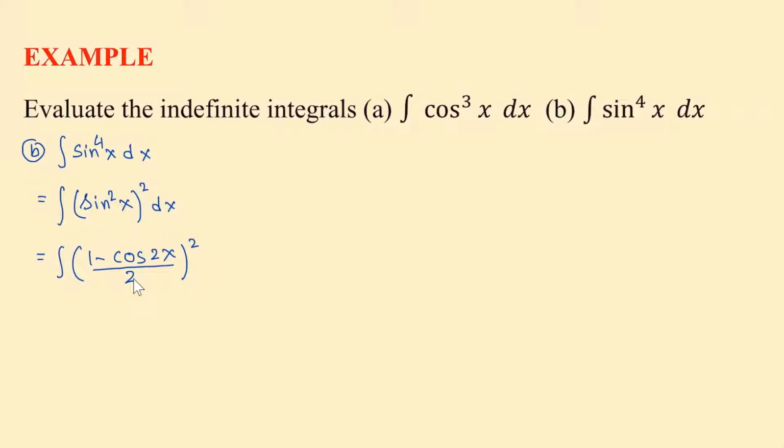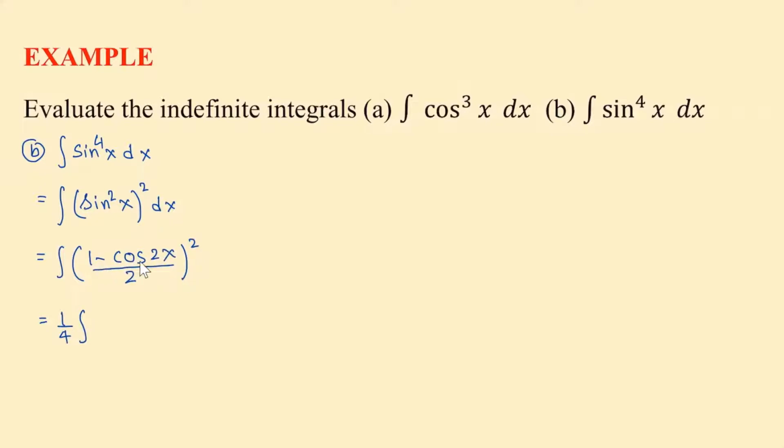Now, in the next step, what we can do is here is 2 in the denominator with a square, and 2 squared is 4. 4 in the denominator, you can pull it out. That's a constant. So we can take it out and write as 1/4. And then we are left with 1 minus cosine 2x squared.